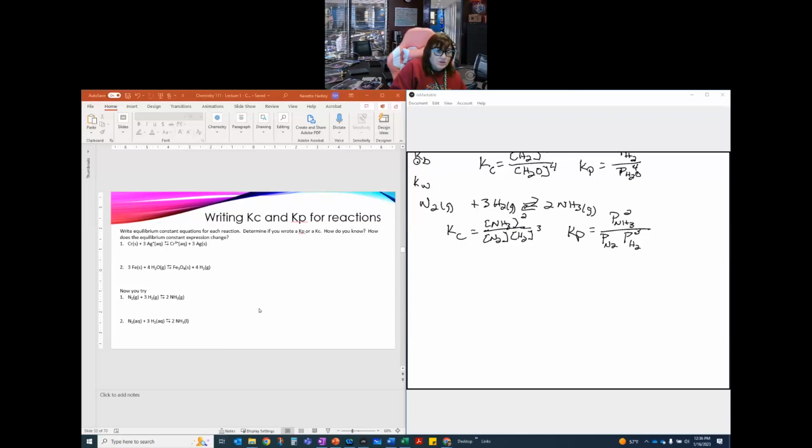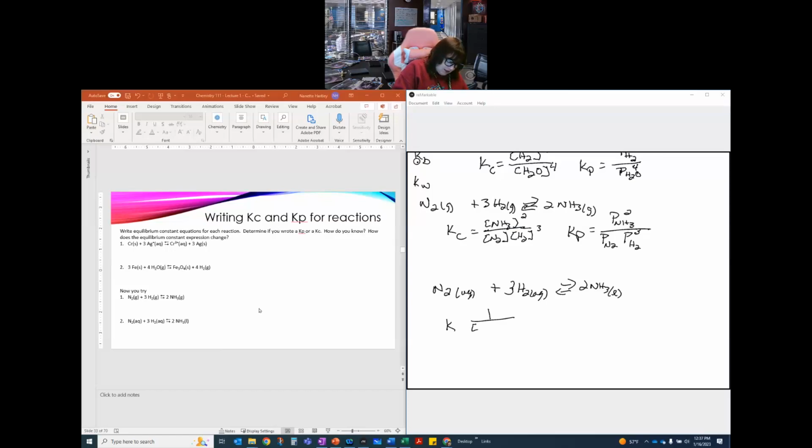Okay. We have one more that we want to try, and that is this one. So here I have N2 aqueous plus 3H2 aqueous goes to 2NH3 liquid. So the only thing that's changed here is what phases we're in, right? It's the same equation, but it's different phases. So when I write K for this, I'm going to have my product, but my product is a liquid. So it's not going to appear, all right? So that means I'm going to have a 1 as my numerator in this expression.